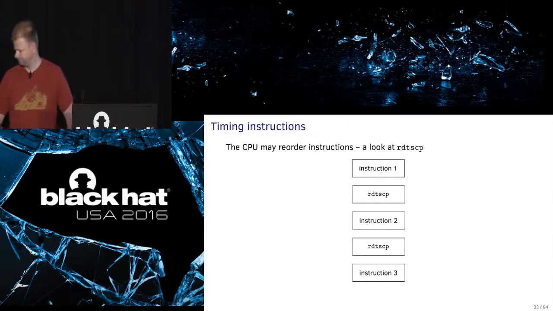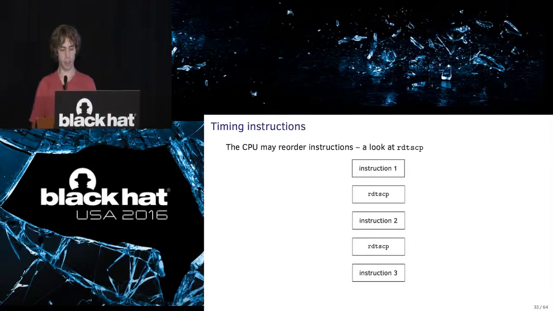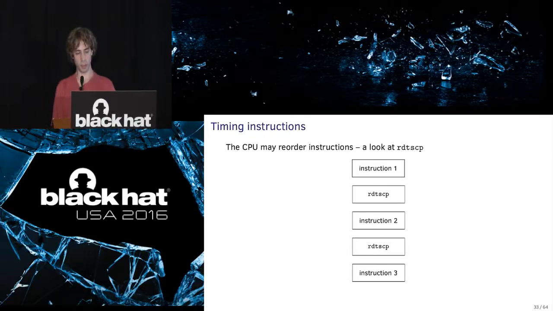When we speak about measuring the execution time of instructions, we actually have to know how modern Intel CPUs execute instructions, and they don't necessarily do that in order. They reorder instructions to optimize the execution flow.